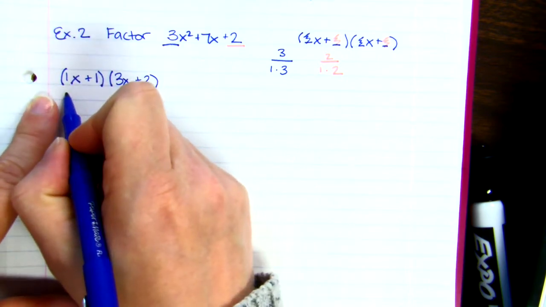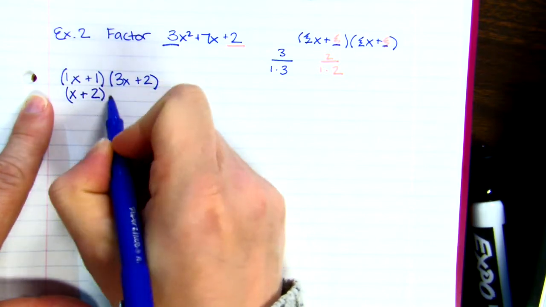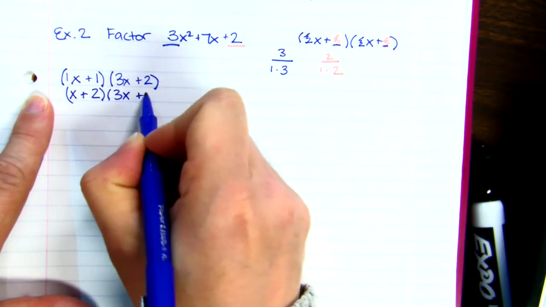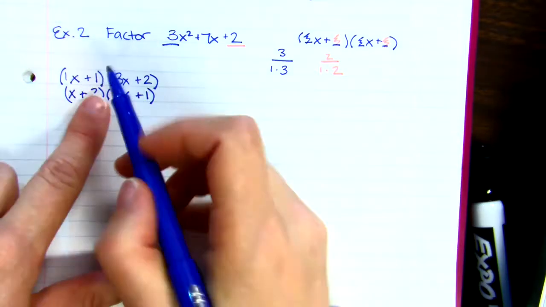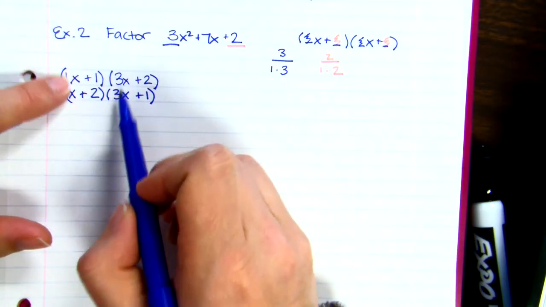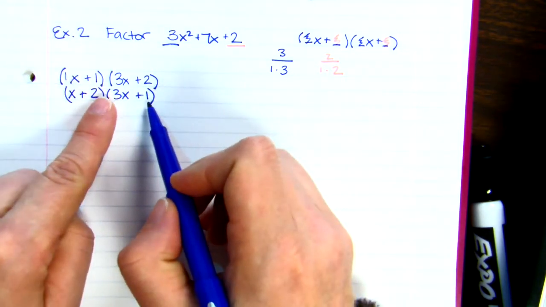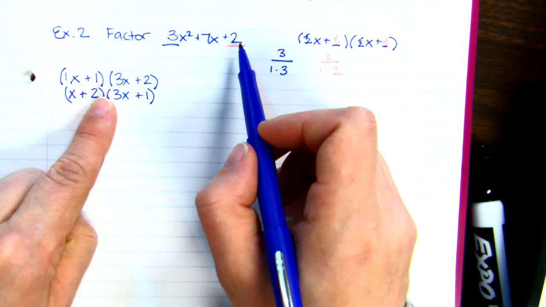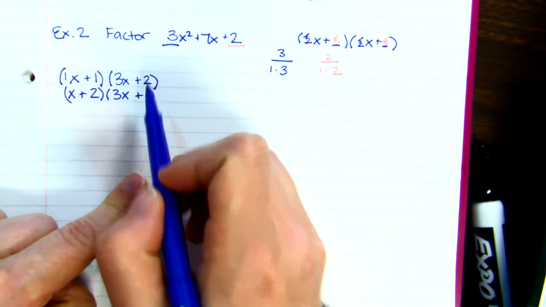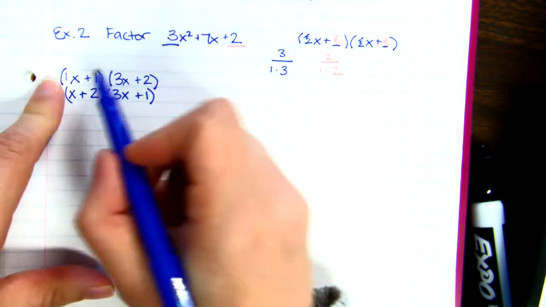So my other possibility would be x plus 2 times 3x plus 1. So if you'll see what I did here, the coefficients are always the factors of that a term, and the constants are the factors of the c term. And what I need to do is multiply both of these out and see which one gives me that 7x in the middle.